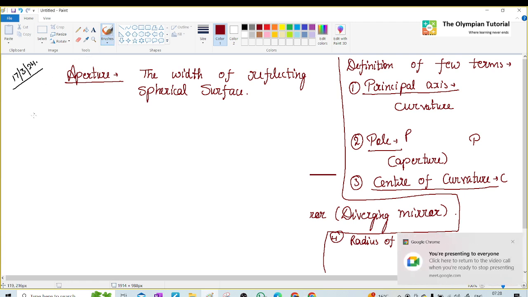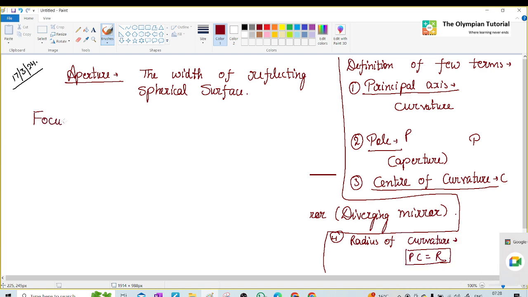Next is focus point. The point on the principal axis where all parallel rays meet after reflection.